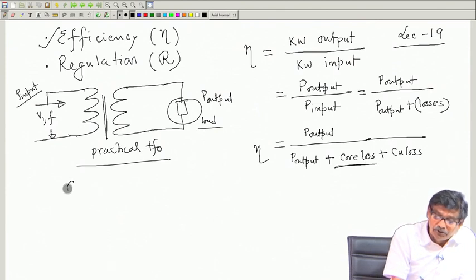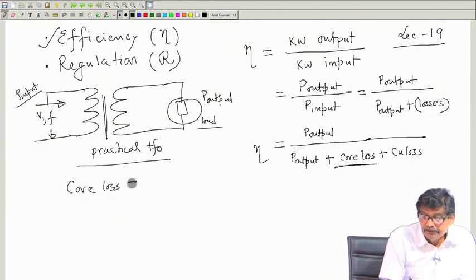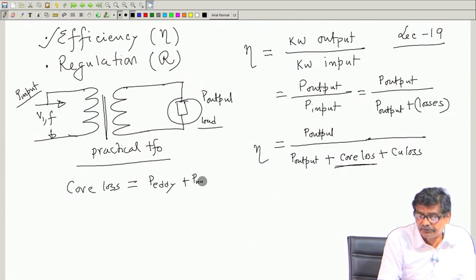What happens to core loss? Core loss, as we know, is P eddy plus P hysteresis, these two things, and it depends on B max.